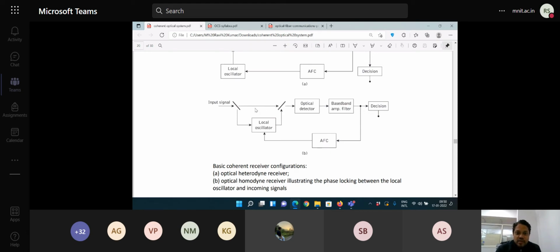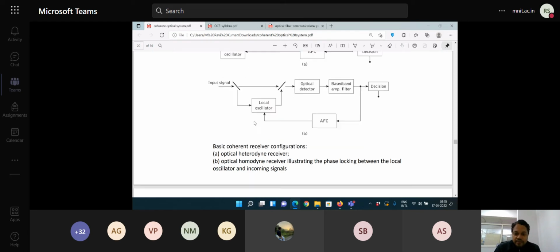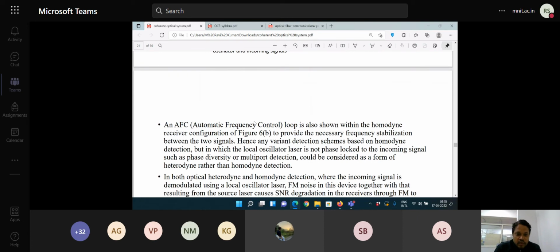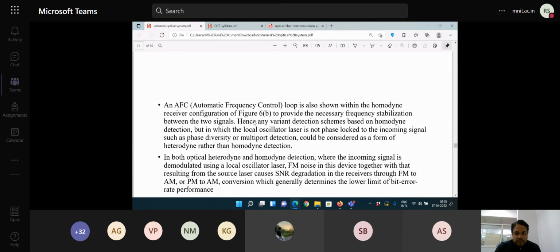That is the reason this is also known as a phase locked loop, PLL. If a phase locked loop is not present in a detector, then you can say that is a kind of heterodyne detection also.